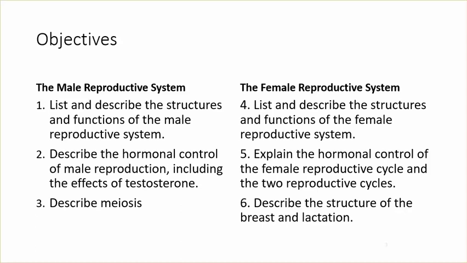On the female reproductive side, we're going to list and describe the structures and functions, talk about hormonal control, and then we'll very briefly touch on the breast and lactation, which, strictly speaking, should be part of the integumentary system, but most books list it with the reproductive system.